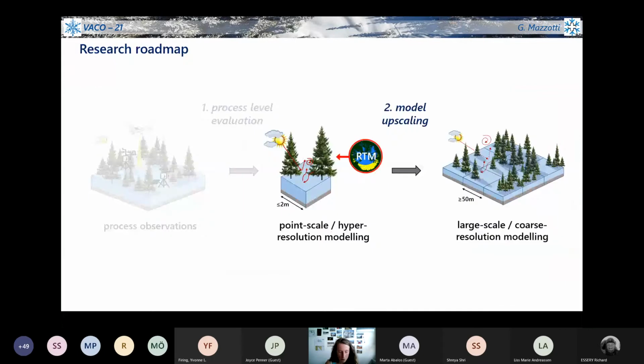And so with these results, we are now confident that we know how to successfully represent forest snow processes explicitly at hyper resolutions. And now it's time to investigate how we can do that implicitly at coarser resolution. The really cool thing is that we can use this hyper resolution model to explore this question. And for that, we conduct so-called upscaling experiments.